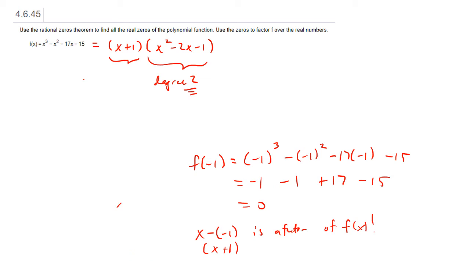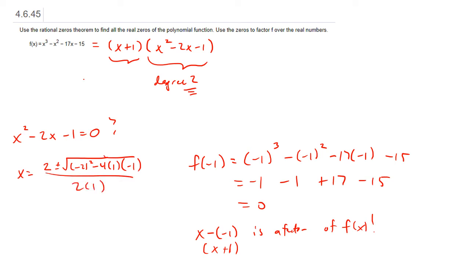So let's just ask, how does x squared minus 2x minus 1 factor? In other words, what are the x's for which this is equal to 0? Well, if I apply the quadratic formula, we get -b, which is going to be positive 2, plus or minus the square root of b squared minus 4ac over 2a.